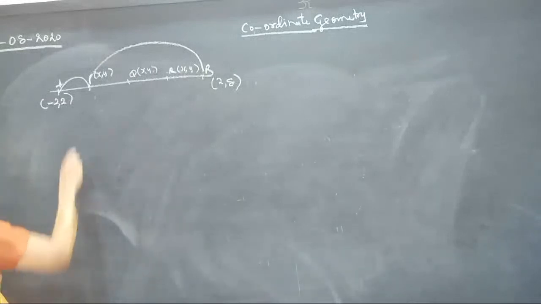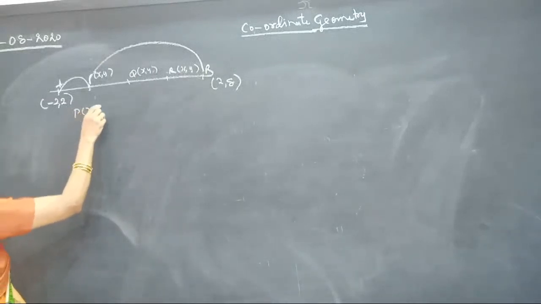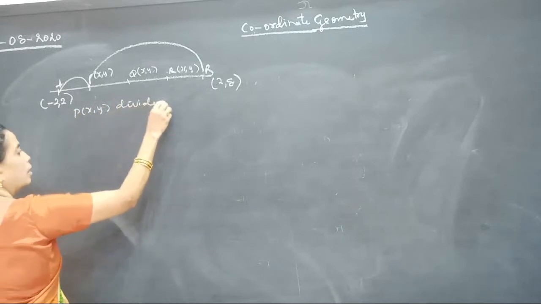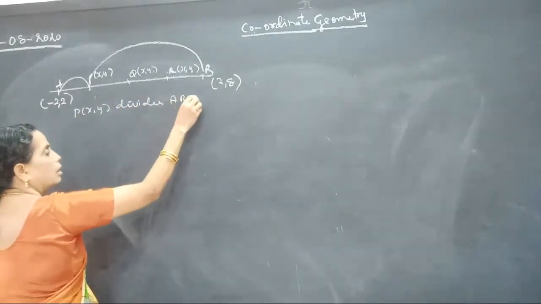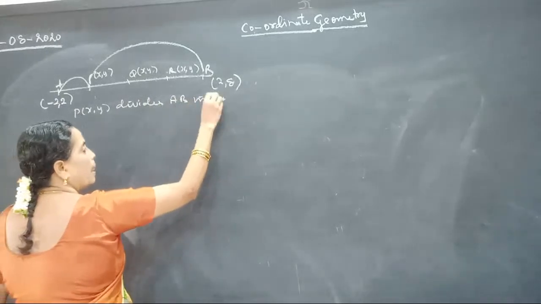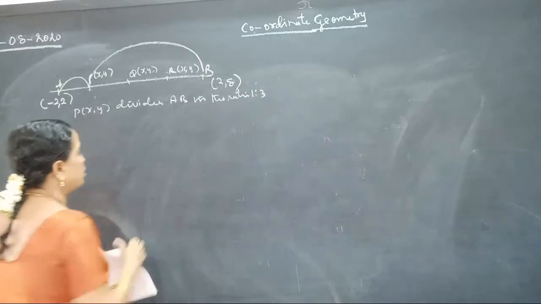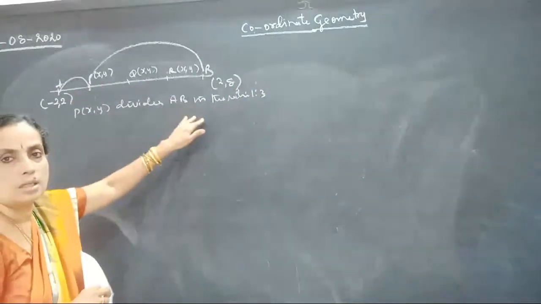First case, P(x, y) divides AB in the ratio 1:3 because it is 4 equal parts.